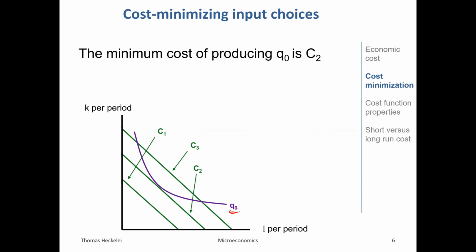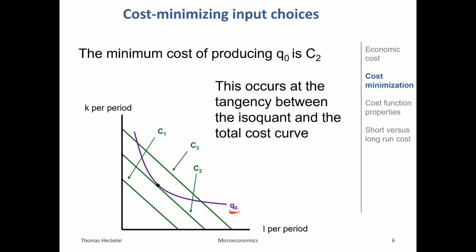Okay, and why is that C2? You still remember from the expenditure minimization? Because it's the only line that is tangent to the isoquant.